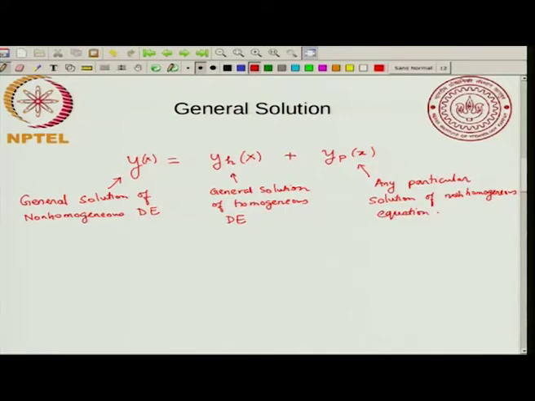And when I say it can be any particular solution, the word any is very important. You can choose any particular solution and you can write the general solution as that.